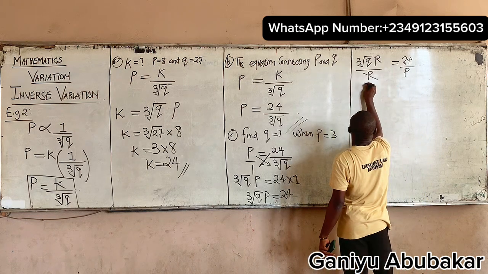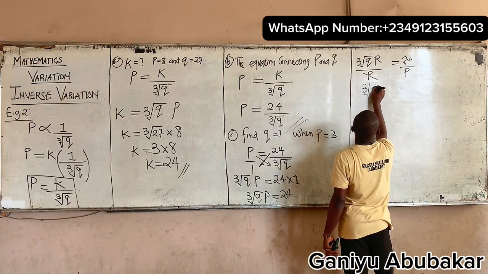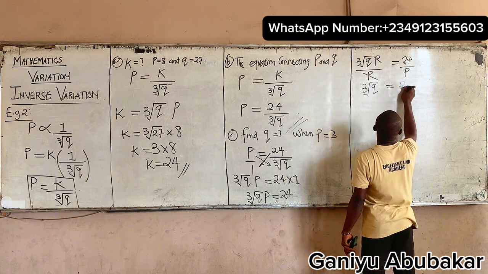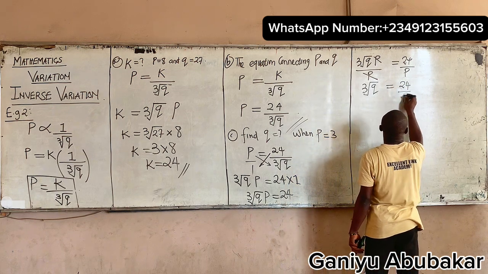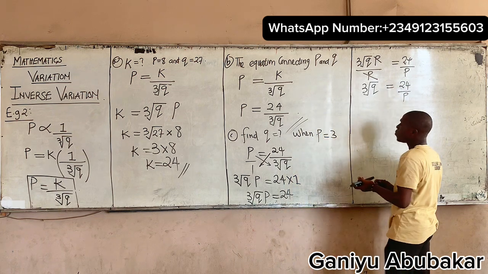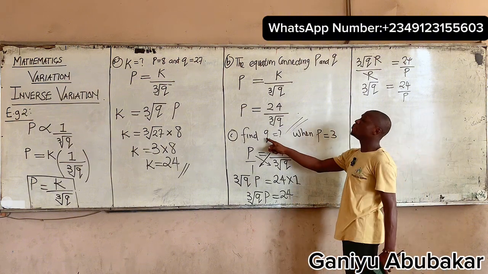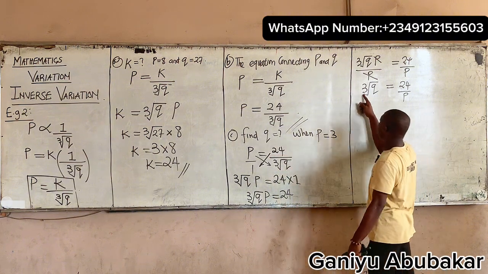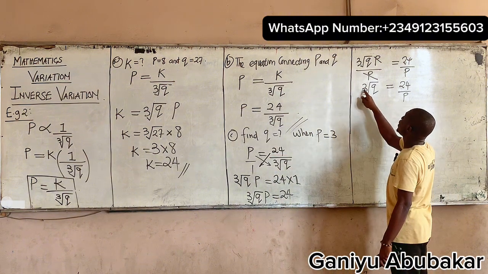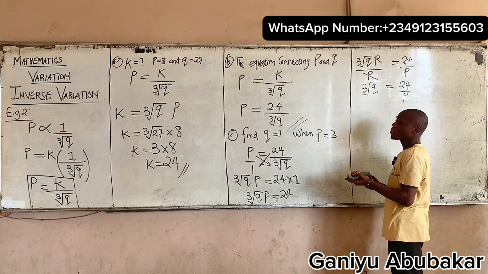I'll have the third root of Q equal to 24 all over P. Now listen up, I'm asked to find just Q, not the third root of Q. So to eliminate this third root, I will cube both sides.